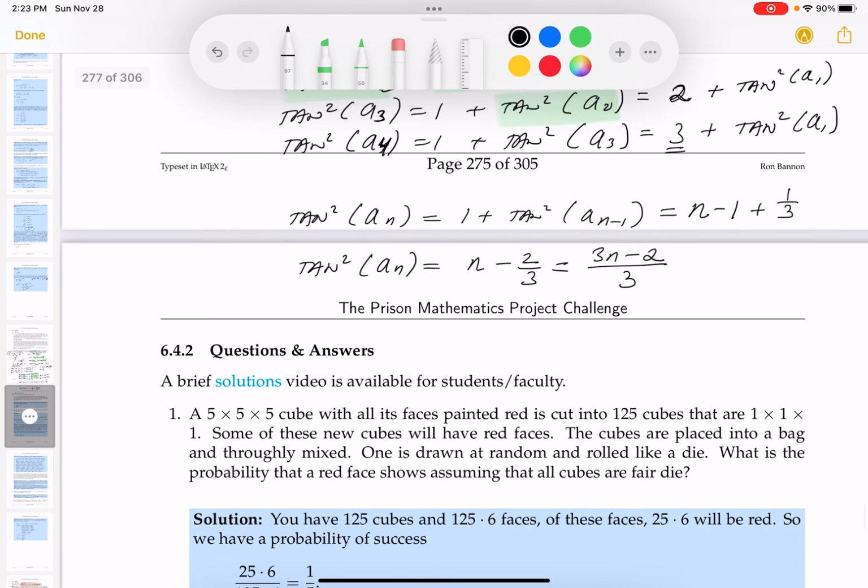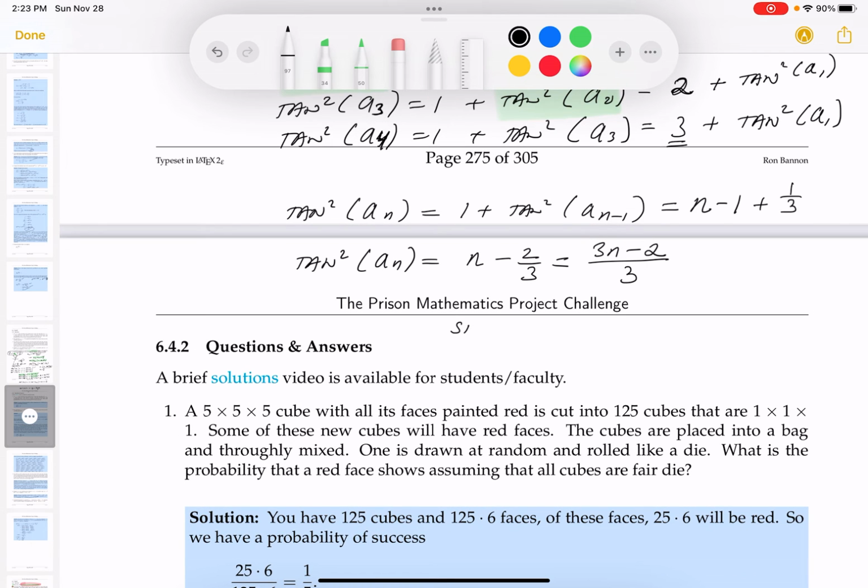Gee, I wish I had more room. Sine of A1 is the same thing as tangent A1 over the secant of A1, right?